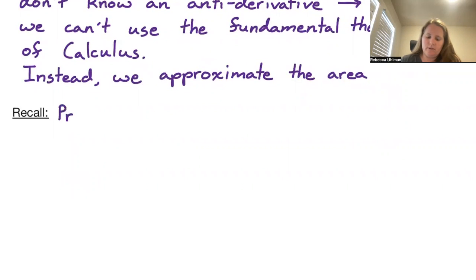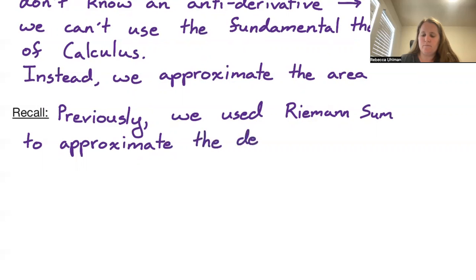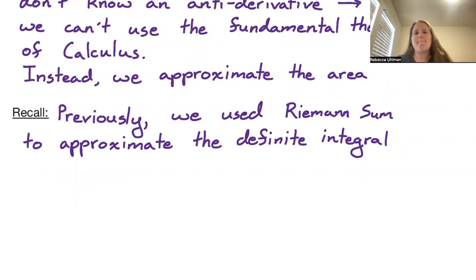So again, previously, we used the Riemann sum to approximate the definite integral with n rectangles. Let me update my screen.